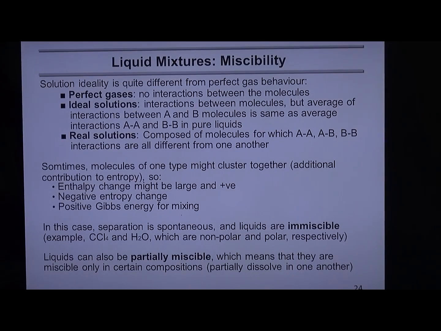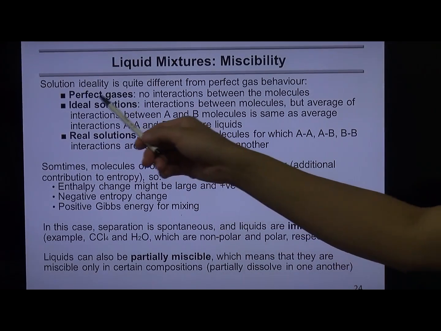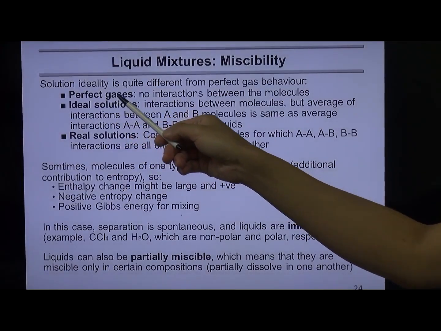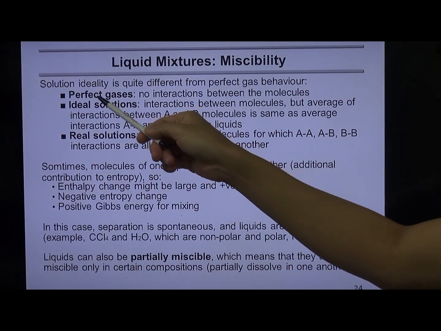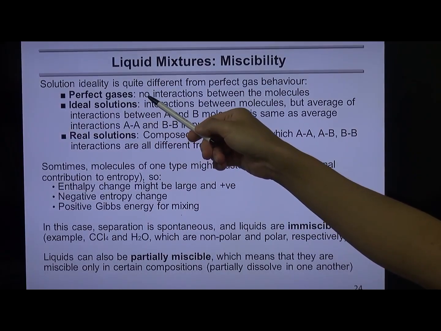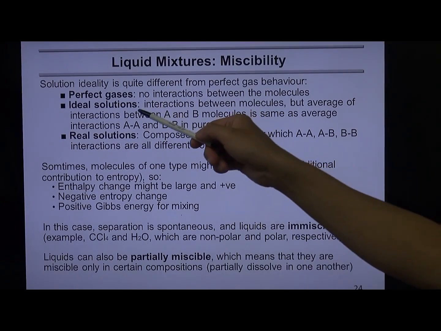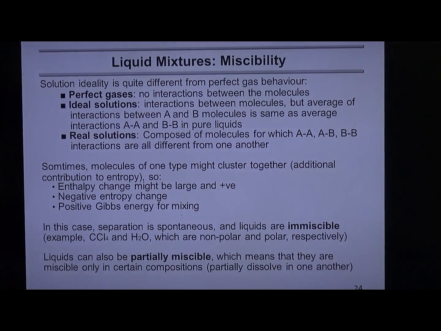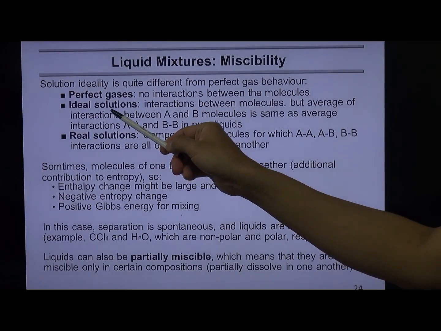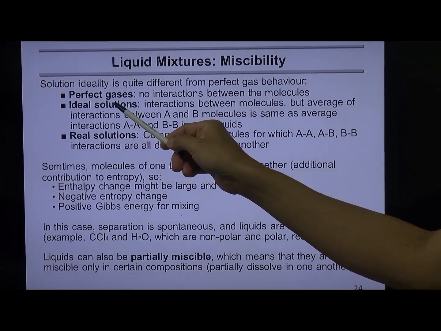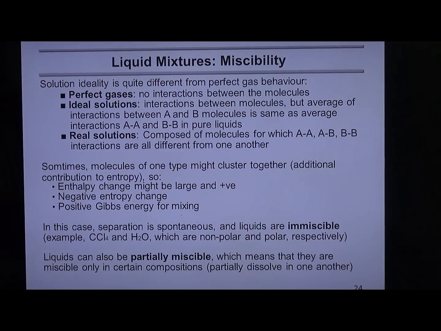The main difference is that perfect gases have no molecular interactions whatsoever. But liquid molecules have molecular interactions. But if the solutions are ideal solutions, you remember what ideal solutions are, right? Ideal solutions are solutions with similar chemical structure.